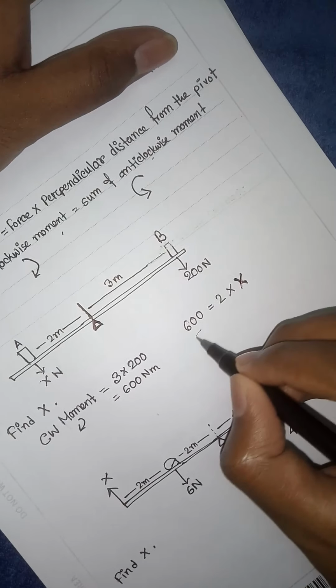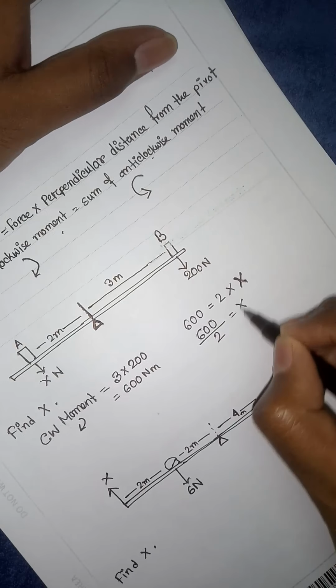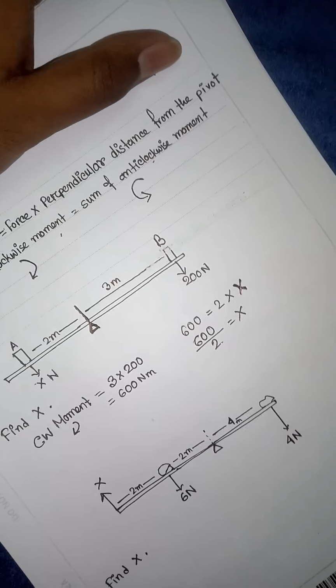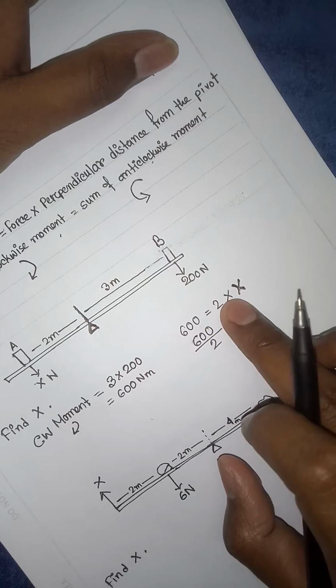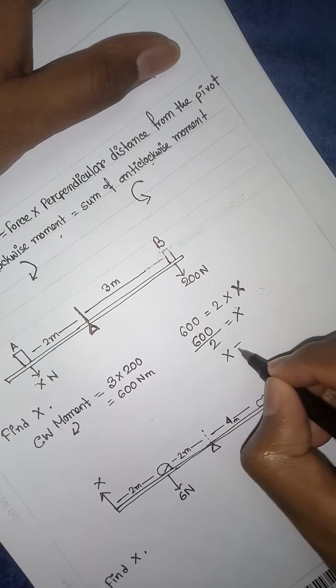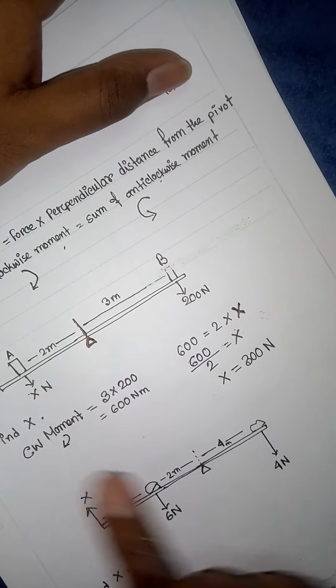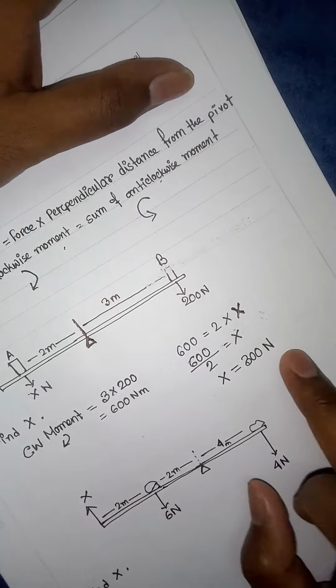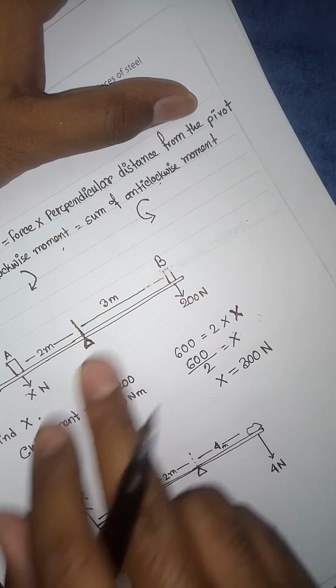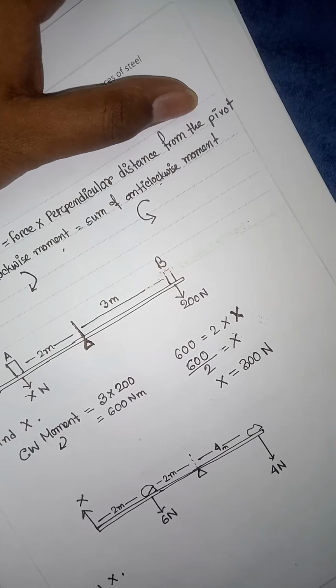So 600 equals 2 multiplied by x, and 600 divided by 2 gives x equal to 300 Newton. Because if you pull with 300 at a distance of 2 meters from the pivot, the moments are the same on both sides.